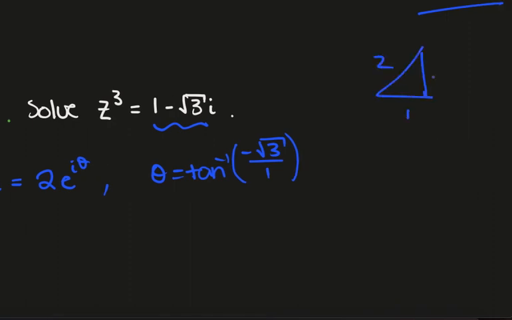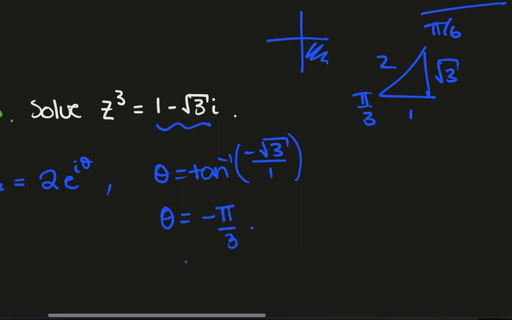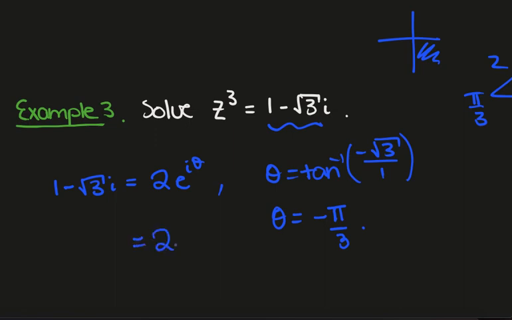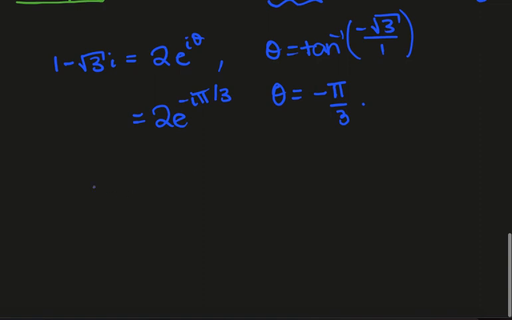Again, we have our triangle to figure out this exact value. Opposite over adjacent, so it's some multiple of pi on 3. Since we have a positive real part and a negative imaginary part, we lie here. So theta is minus pi on 3. So in particular we get 2e to the minus i pi on 3. Okay, so that's what z cubed is.